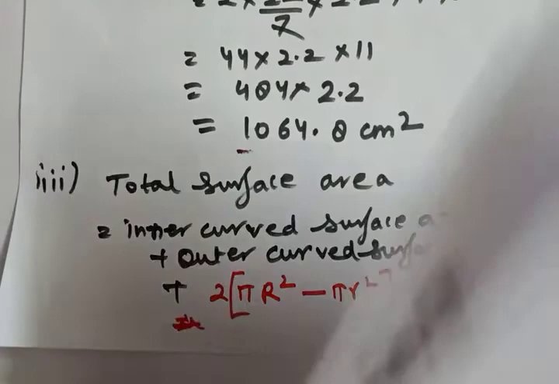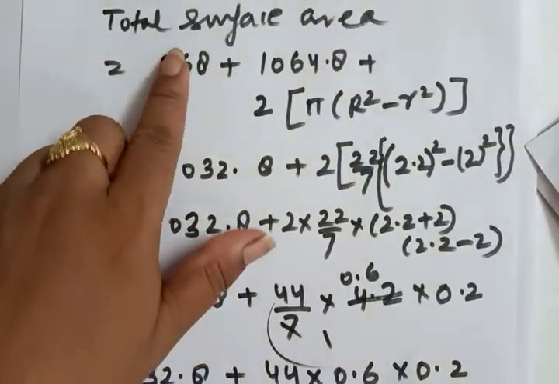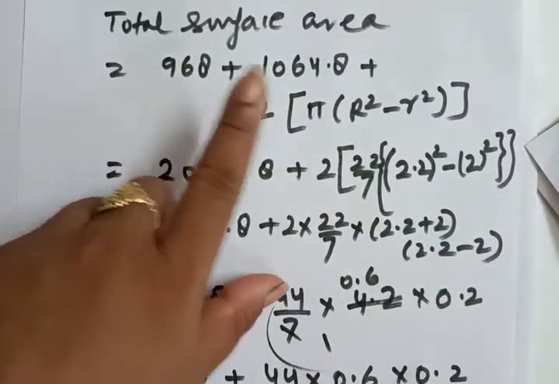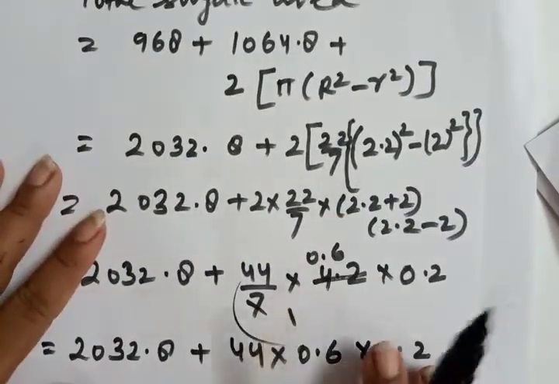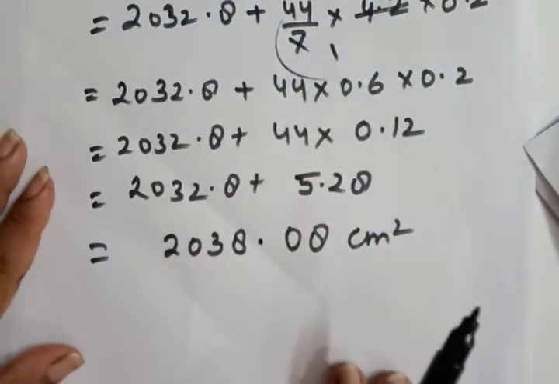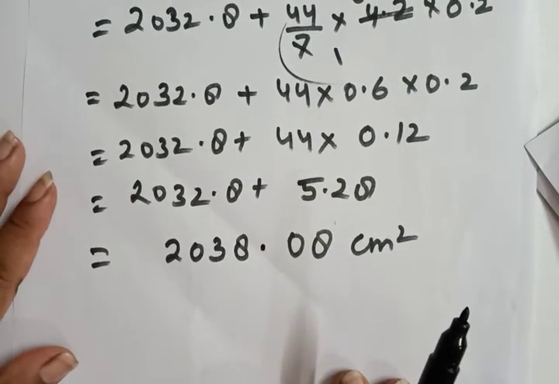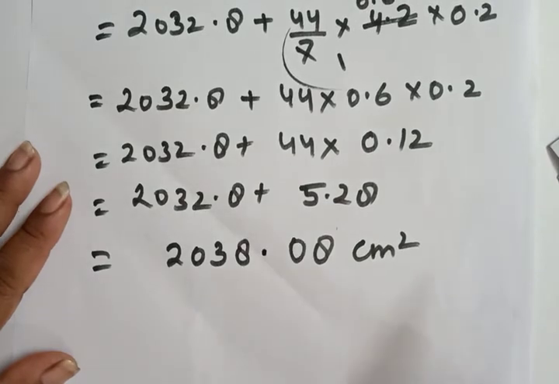We have simply put the values here, for the inner and for the outer, which we have already found, and by solving we have found the total surface area. I hope it is clear to you.